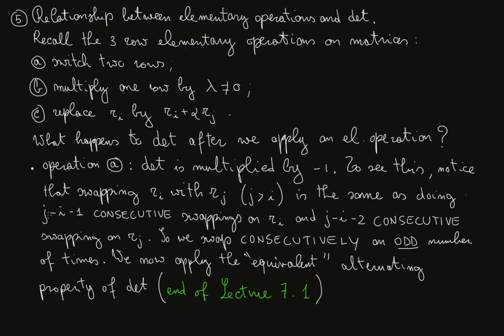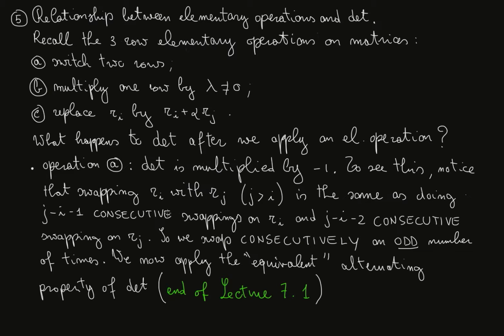So this will take j minus i minus 1 swappings. If we then swap Rj upward, after j minus i minus 2 consecutive swappings, we will end up with a matrix which will have as the ith row Rj, and in the jth row we will have Ri.